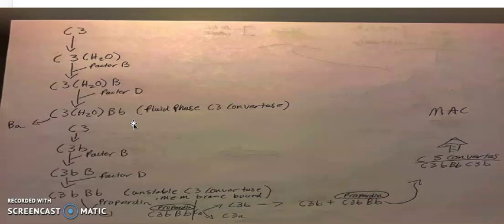Now that we have this fluid phase C3 convertase, we need to be able to put this on a membrane and make it more usable. So furthermore, you're going to have C3 again, just in the fluid, and this C3 will break up into C3b, and then factor B once again will bind, and you'll have C3b big B. Now factor D, once again very similar, will break up B into C3b big B little b.